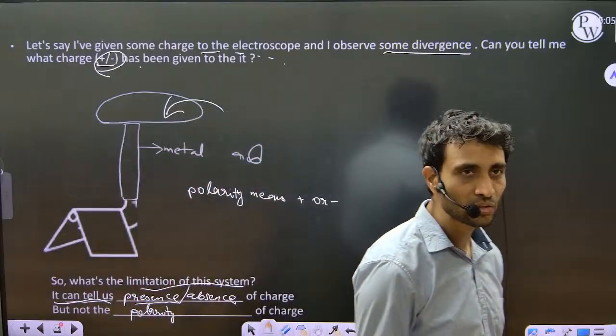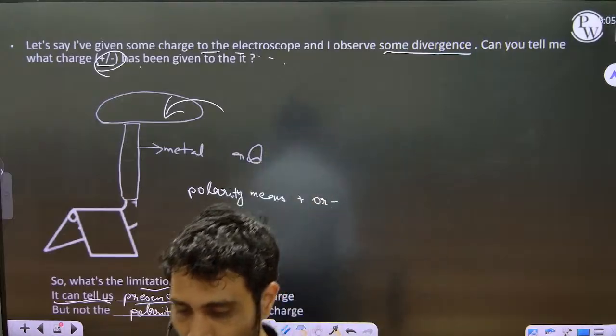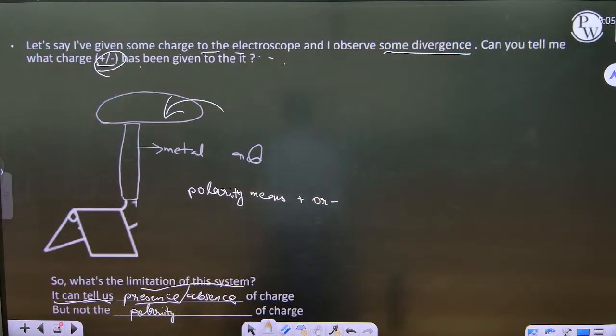Because plus also ends up giving you divergence, and negative charges also end up giving you divergence. So we cannot really decide the polarity of the charge.